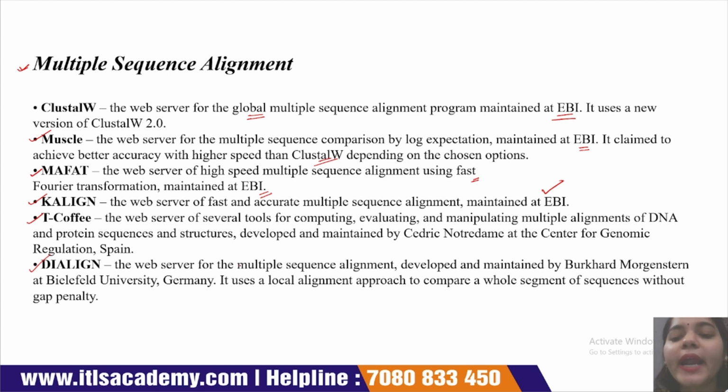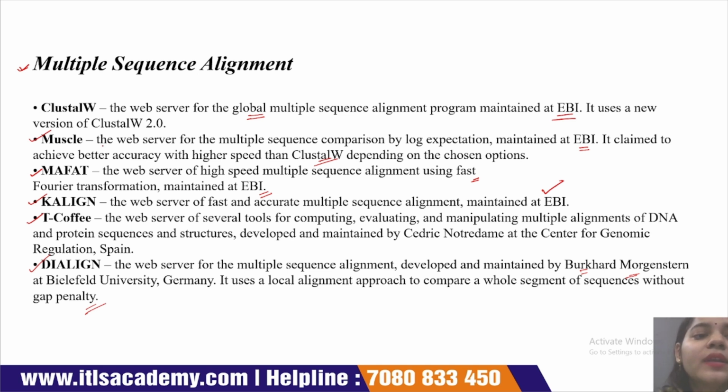This is maintained and developed by Burkhard Morgenstern at Georg-August University, Germany. It uses a local alignment approach to compare whole segments of sequence without gap penalty. Okay, there are a lot of multiple sequence alignment tools available.